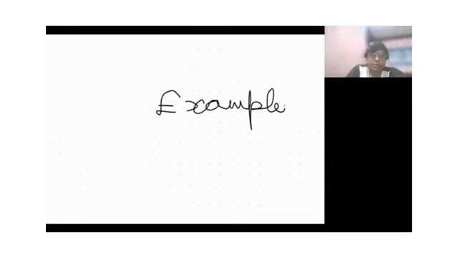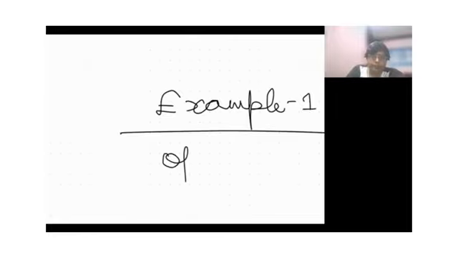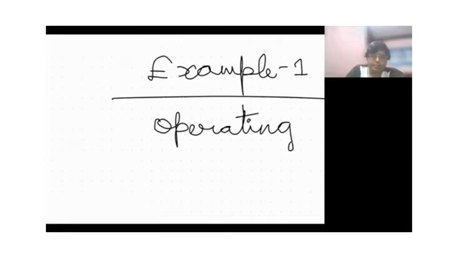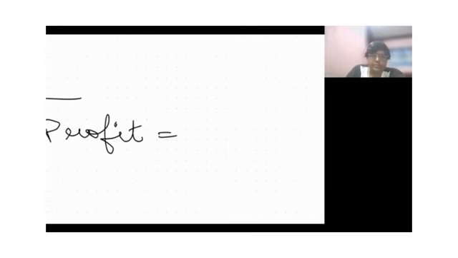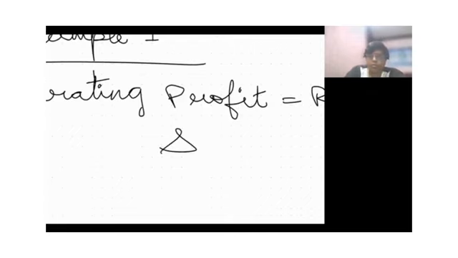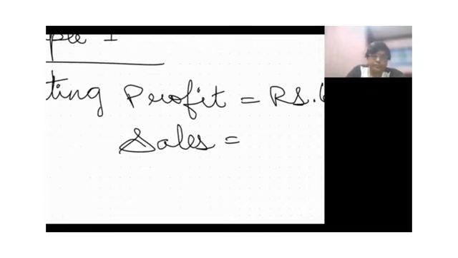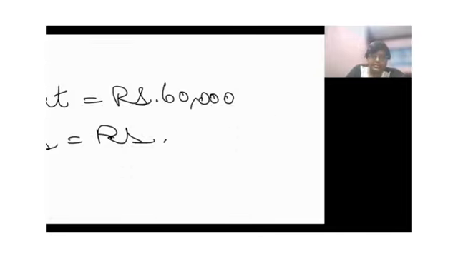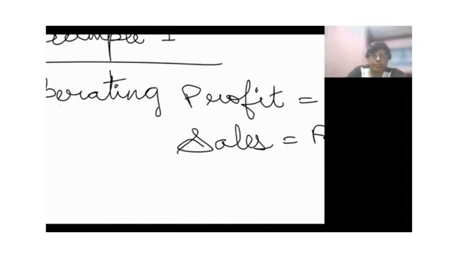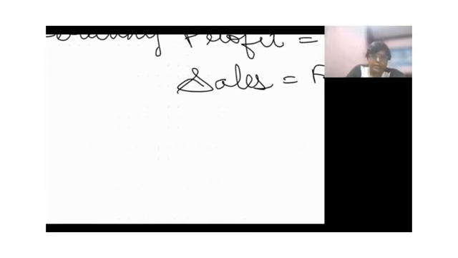Example 1, the operating profit equal to rupees 60,000 and sales equal to rupees 3 lakhs. What will be the ratio?